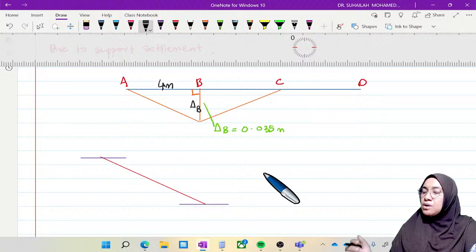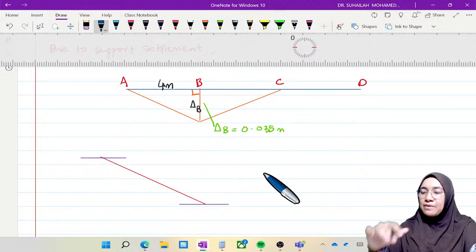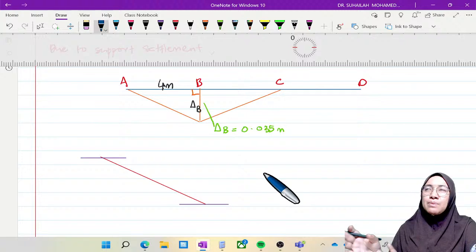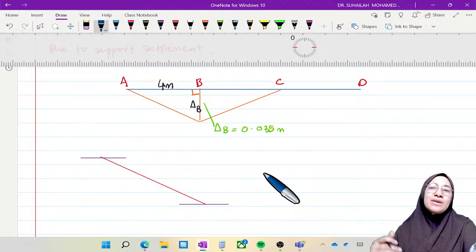I also told in my previous video that between the angle from original position to new position and the FEM, it must be opposite.